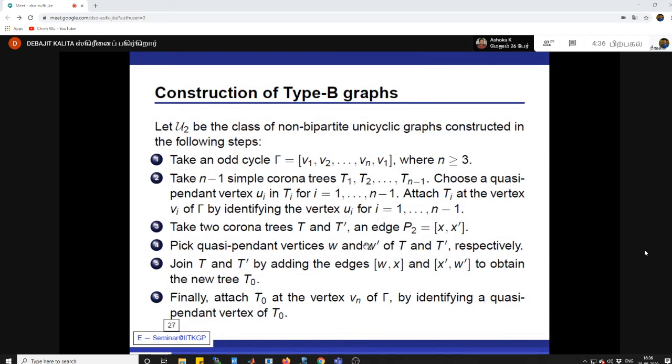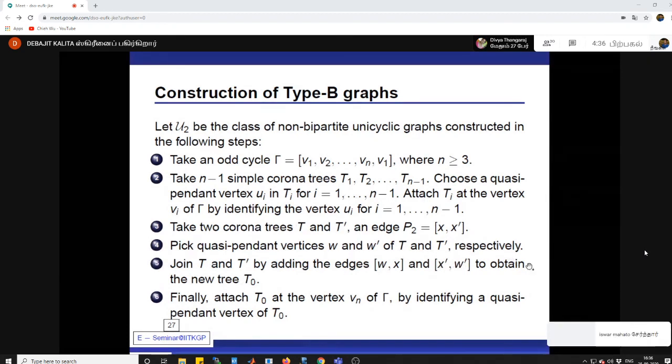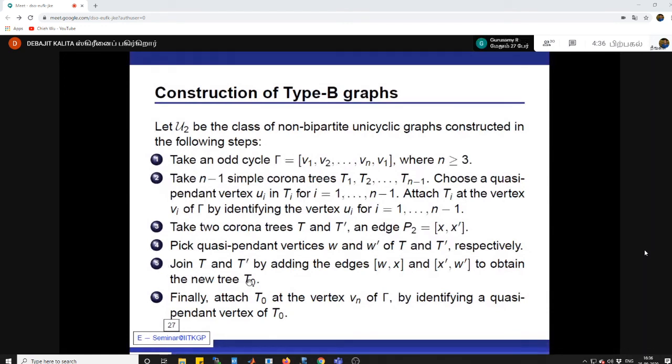With the help of W and W dash, we join T and T dash. How do we join? We just join X to W dash and X dash to W. The new tree obtained by joining T and T dash like this we call T naught. Now this T naught is not a simple corona.